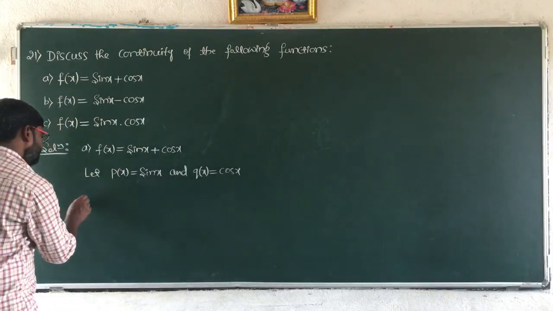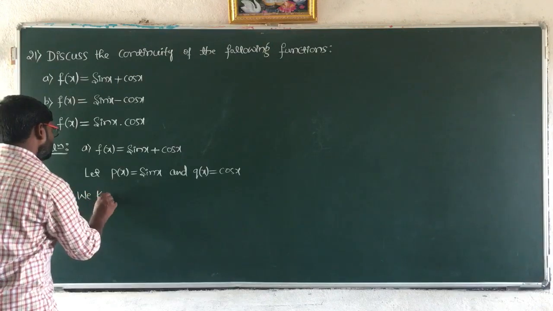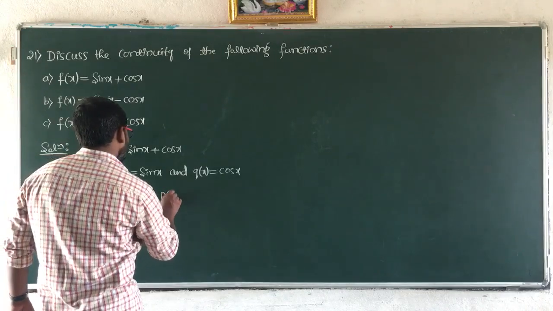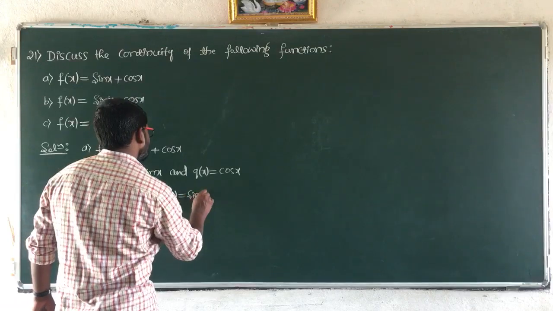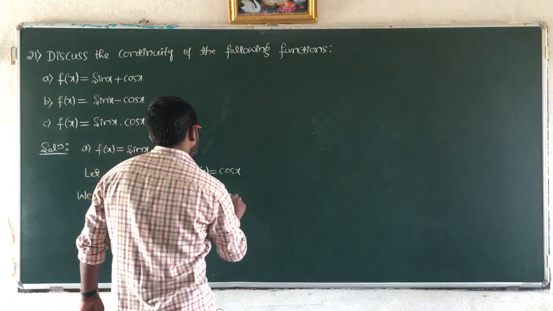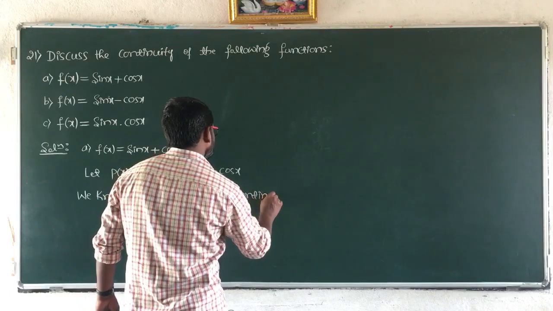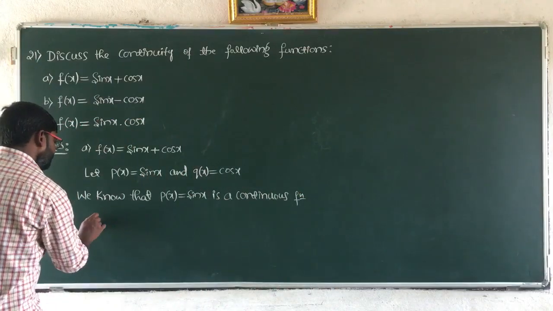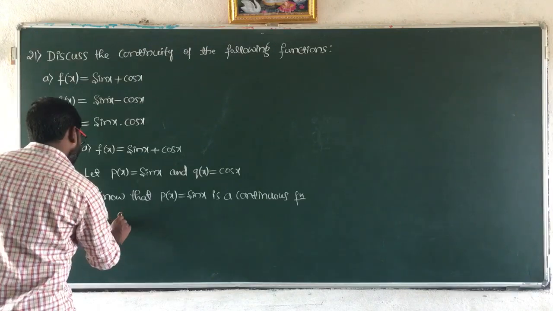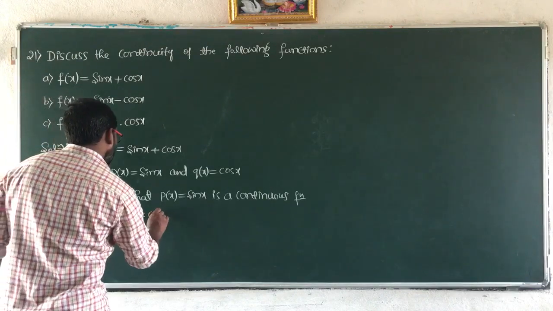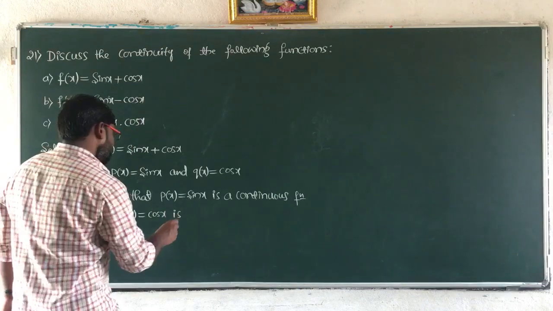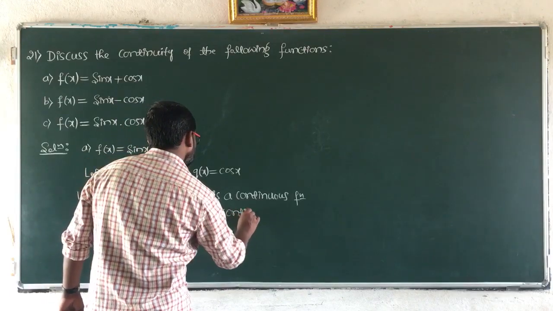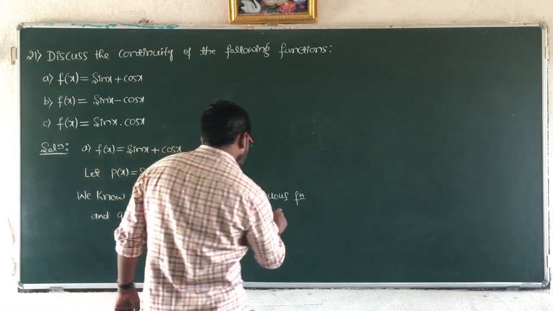So here we know that p of x is equal to sin x is a continuous function, and q of x which is equal to cos x is also a continuous function.